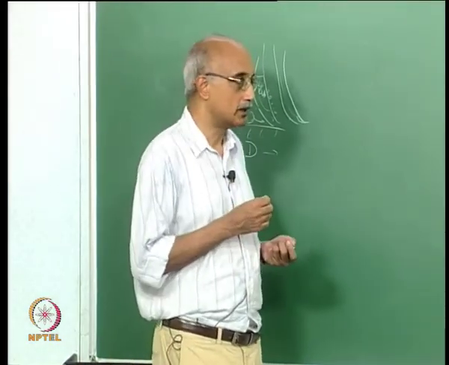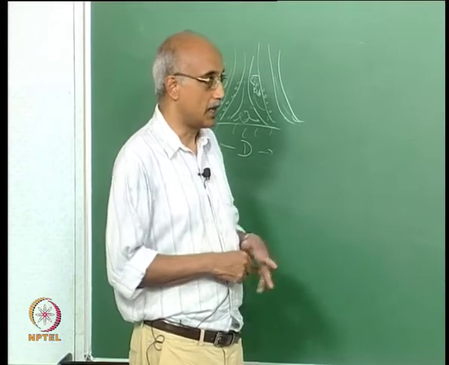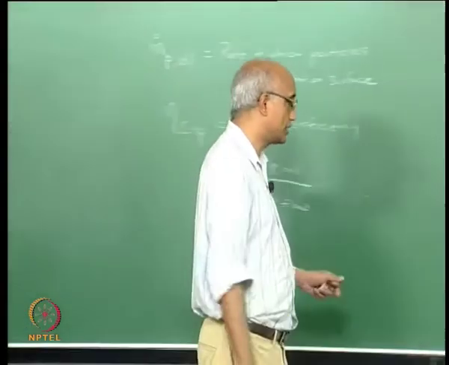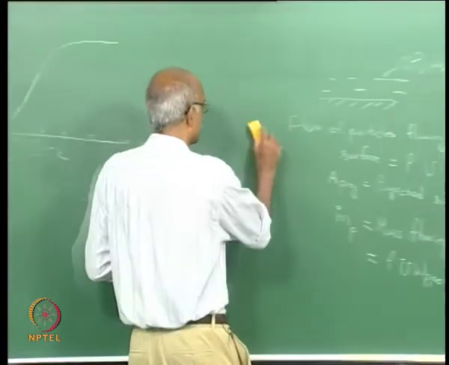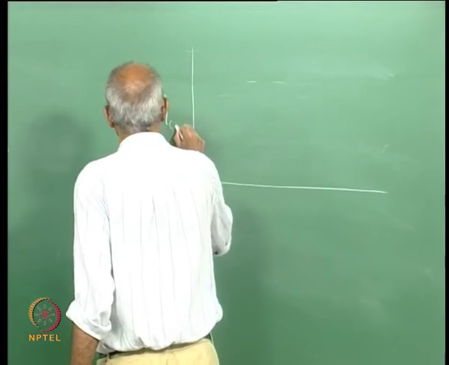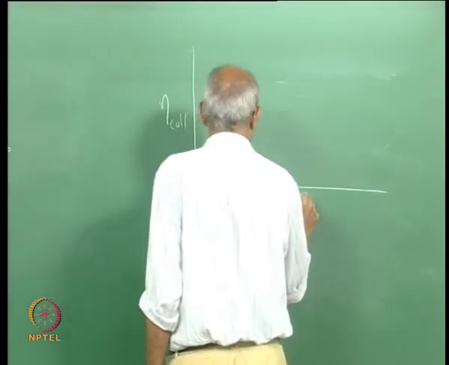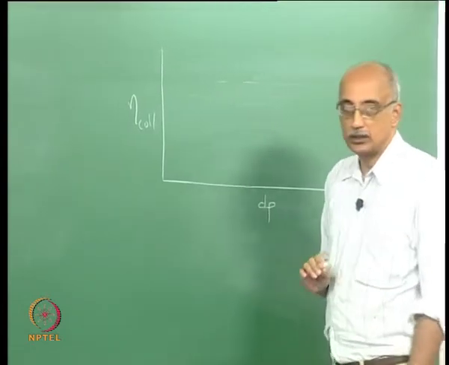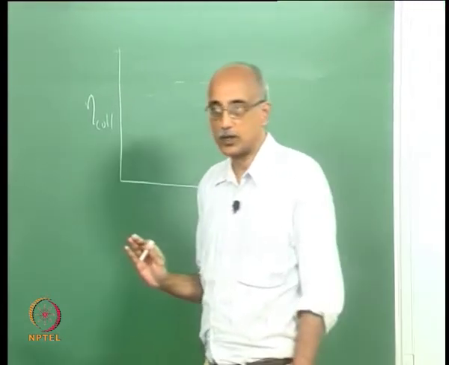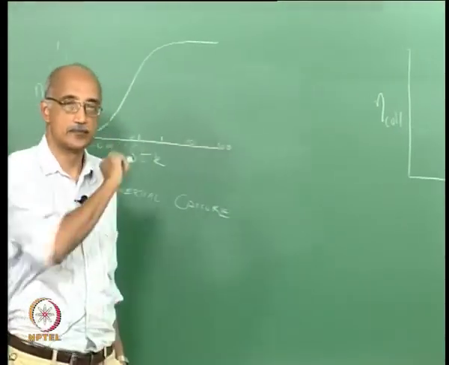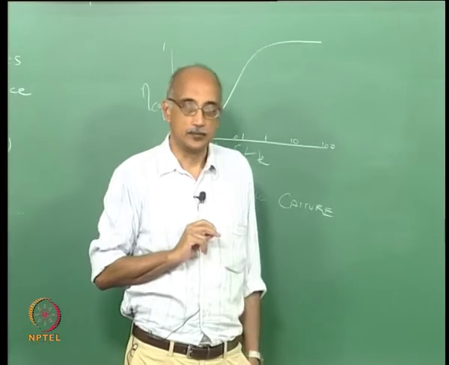If you look at overall collection efficiency, not your inertial capture efficiency, but supposing I were to plot eta collection versus dP, where I'm including all possible mechanisms of particle collection, then will I see a trend that looks like this? Not really.